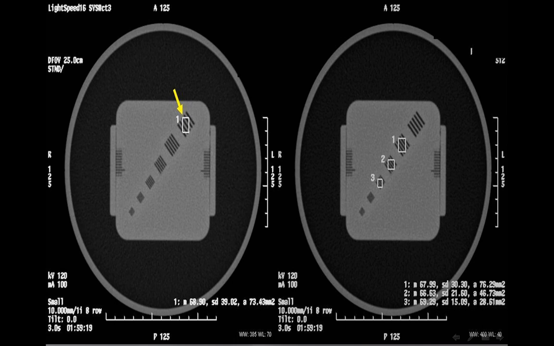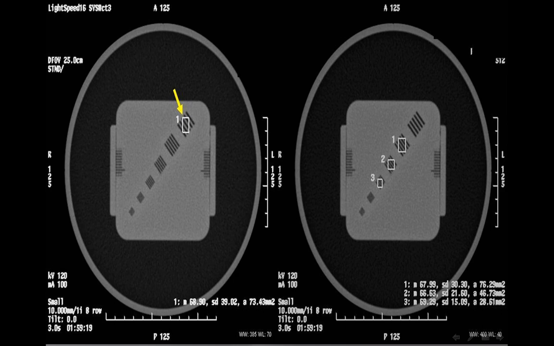If the gap between line pairs is large, you will get a variation in the Hounsfield unit or in the counts inside the region of interest, so the standard deviation value will be high.